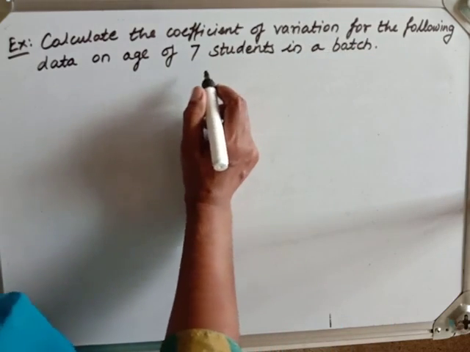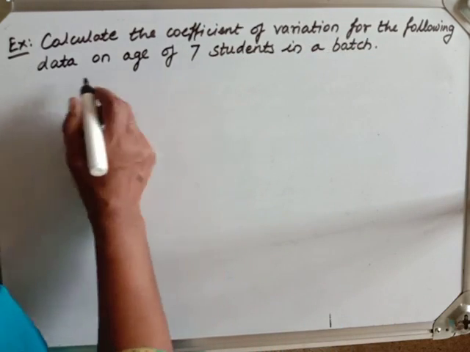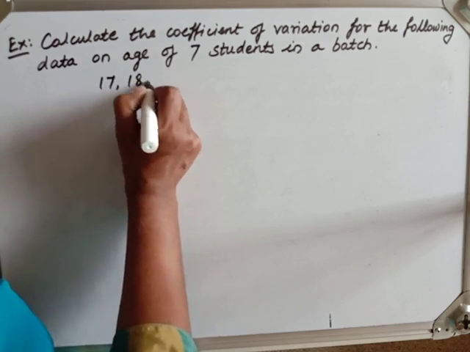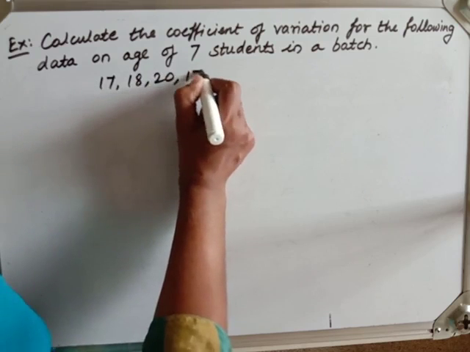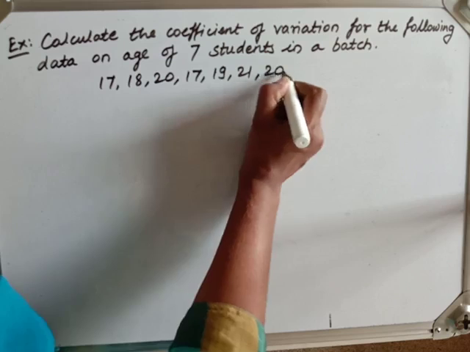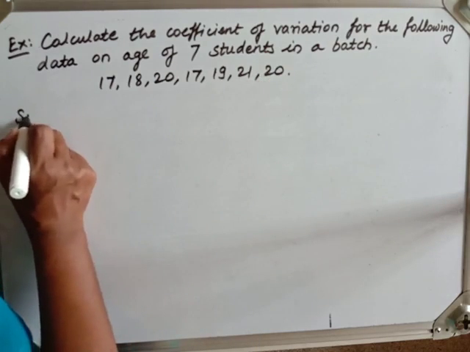Age of 7 students means n is equal to 7. Let me write the data first: 17, 18, 20, 17, 19, 21 and 20. These are the ages of them.